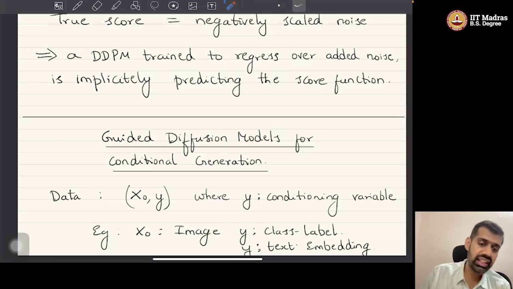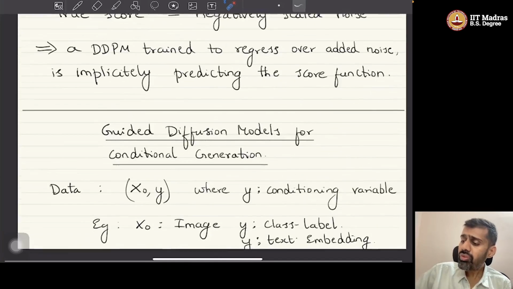That is something that we will see later in the course when we look at transformers. But yeah, assume that y is a vector. It can either be a one-hot vector which contains ones and zeros, which represents a particular class label, or this y can be a real valued vector that represents the embedding corresponding to a particular text. In this example, it can be anything.